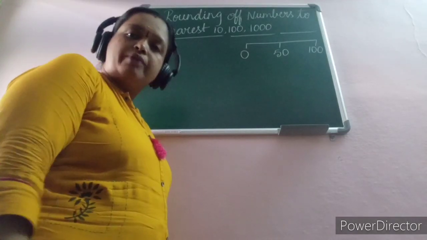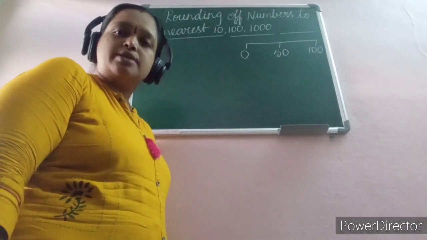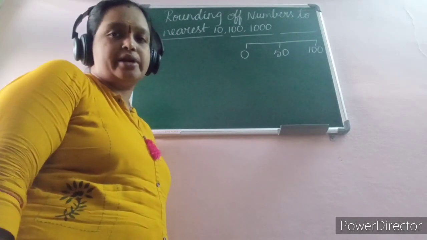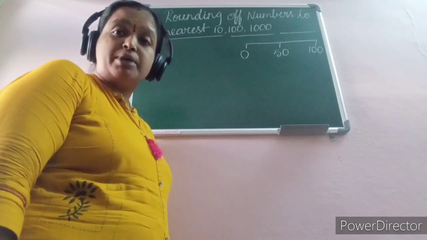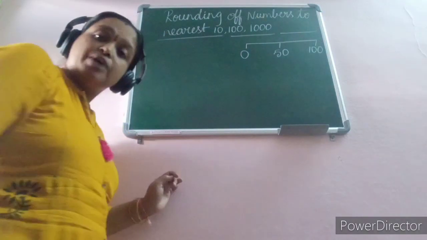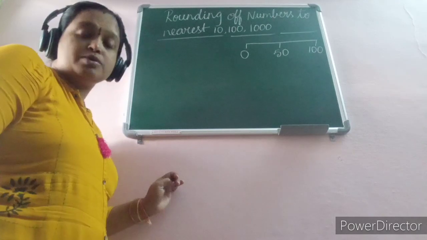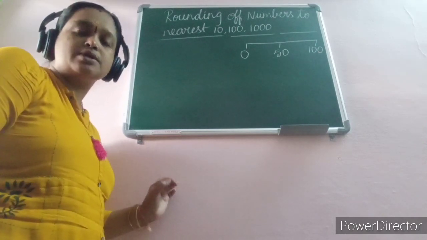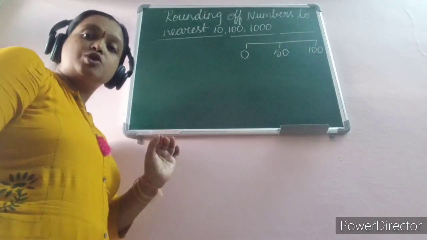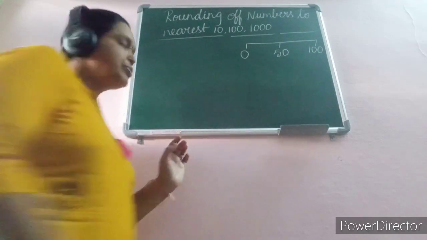Okay, we have learned how to round off to the nearest 10. Now we are going to learn how to round off to the nearest 100. You should remember that 100 has two zeros, so in our answer also you should compulsorily get two zeros. That means the numbers in the ones place and the tens place, you should write as 0.